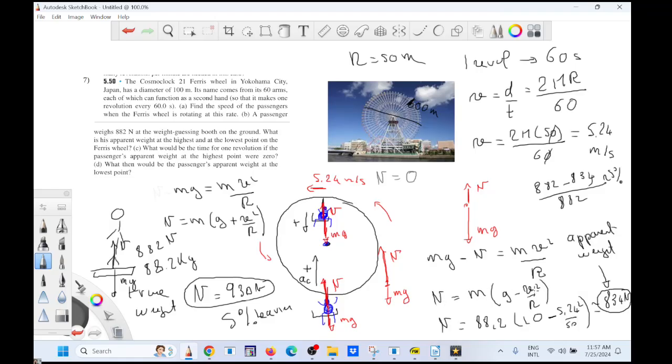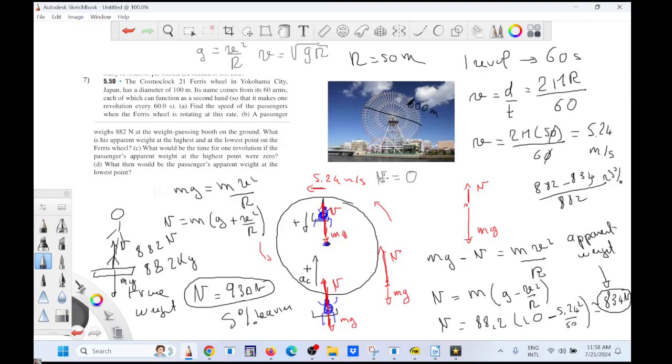But this cannot be over g. So that means the limit is g equals v squared over r. So the limit will be the square root of gr, right?